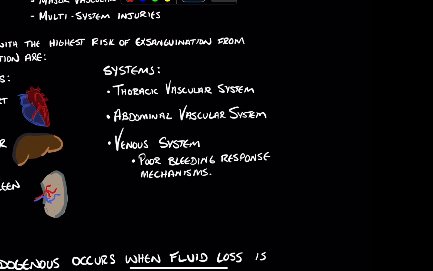And then finally, I mentioned this with the hemorrhagic injuries, the venous system. So remember that veins have a poor response to injury. They're not really able to constrict down like an artery or the capillary beds can. They remain under low pressure, so they will tend to just ooze blood passively. They also rely on skeletal muscle and breathing to facilitate blood flow through those veins, right?